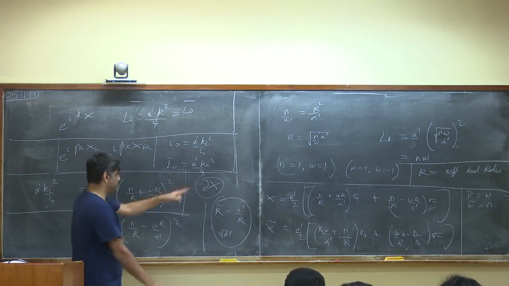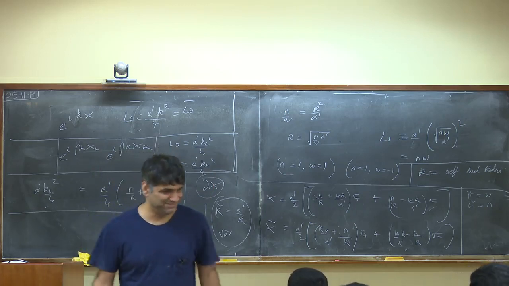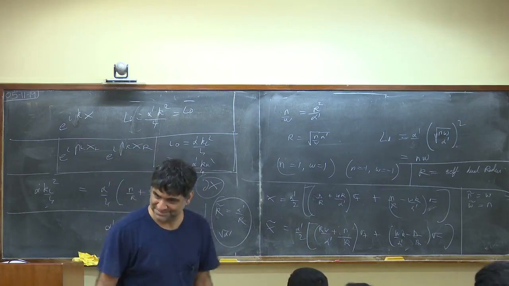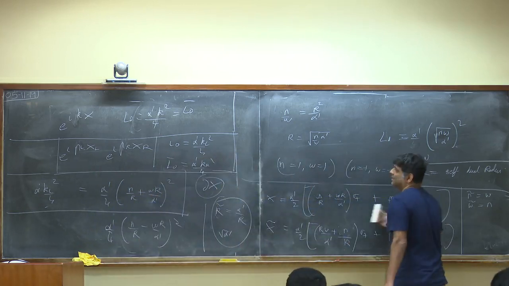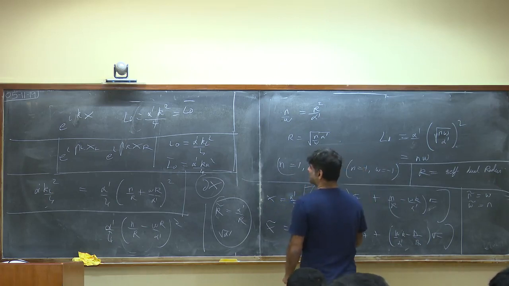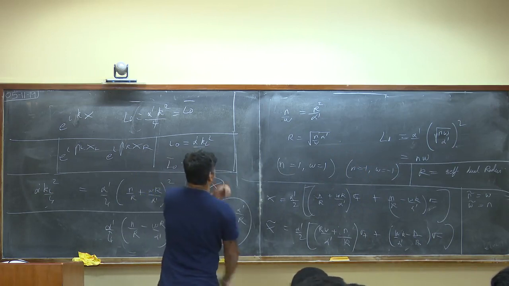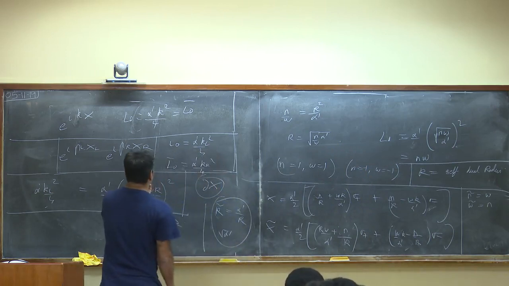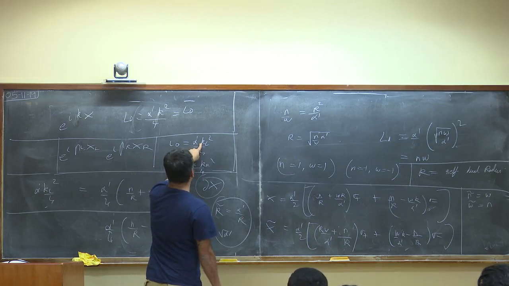For this particular mode, PR squared was 0, therefore PR was 0. And L0 was 1, so what did this amount to? This was equal to the square root of 4 by alpha prime, so 2 by square root of alpha prime.